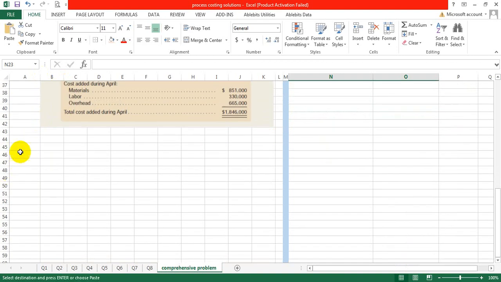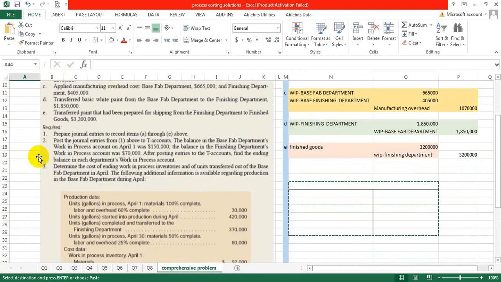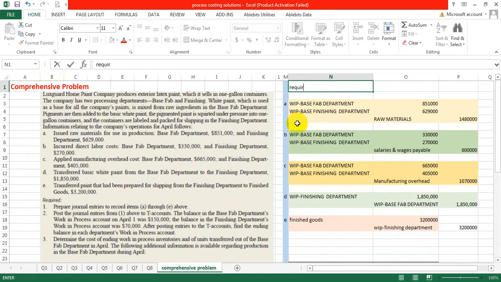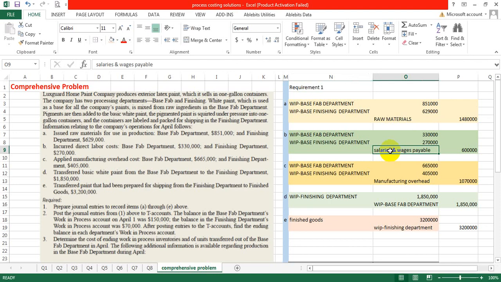Or I am creating T account here in the requirement B. Okay, this is requirement 1, requirement number 1, and now we shift to requirement number 2.